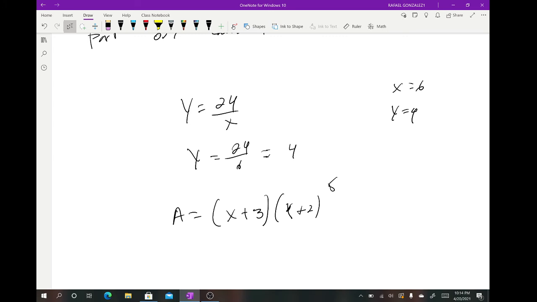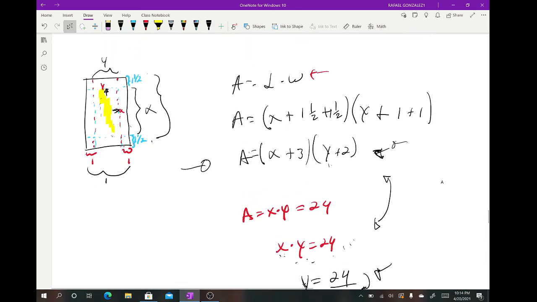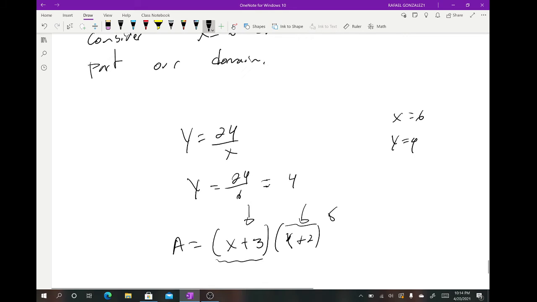To find the dimensions, we take the length times the width. So remember, this was an equation for the length of the whole page. This was for the width of the whole page. What we found was the length and width for the inner piece, the printable area.